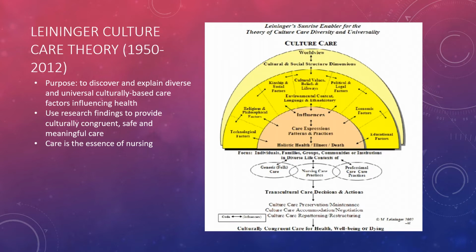So the sunrise model to depict dimensions of the theory of culture, care, diversity, and universality. The purpose of culture care theory is to discover and explain diverse and universally culturally based care factors influencing health.